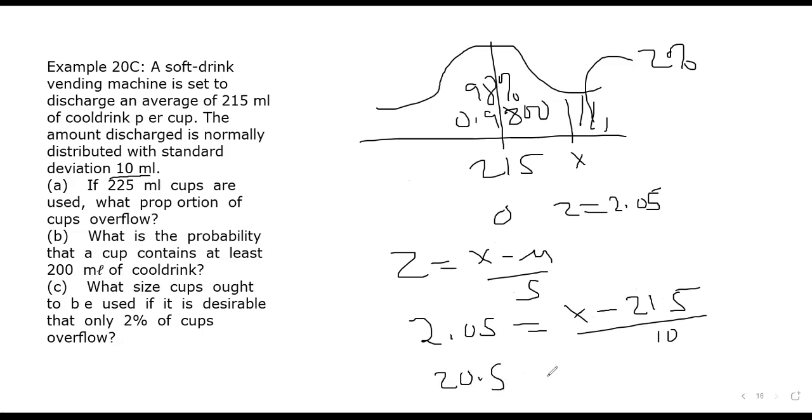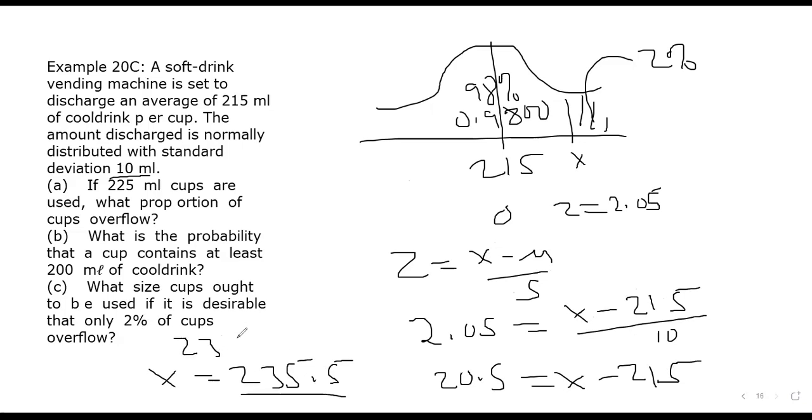It's equal to x minus 215. So when we take this one to the other side, our x would be 235.5. So how many ml cups should be used? 235.5 ml cups should be used for us to be confident that only 2% can overflow.